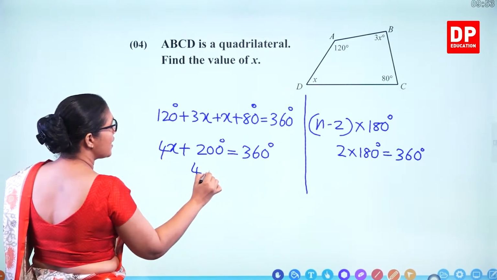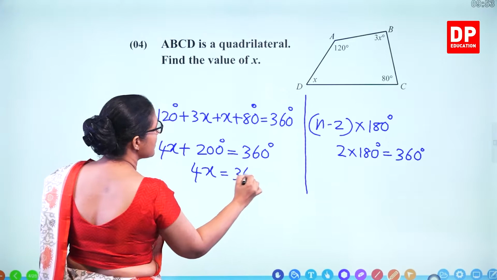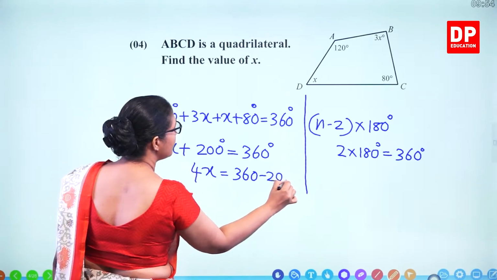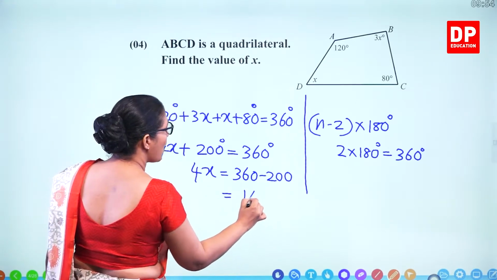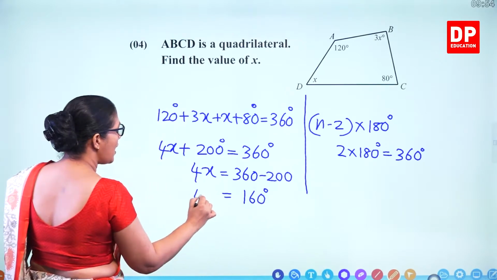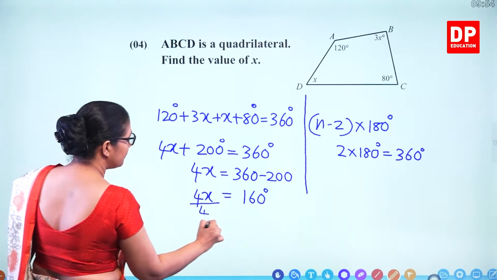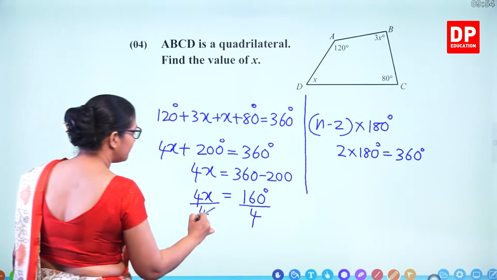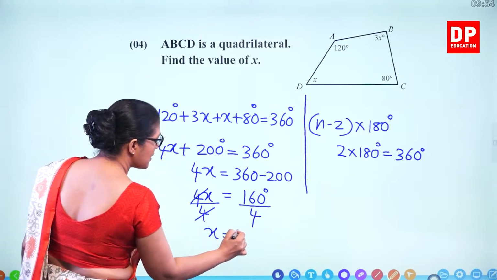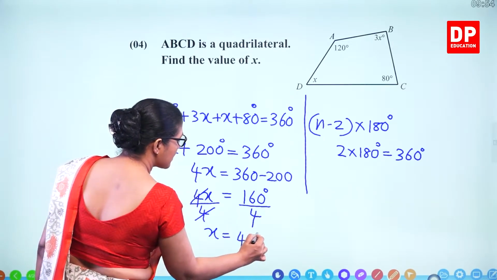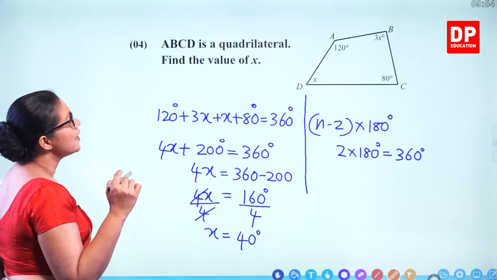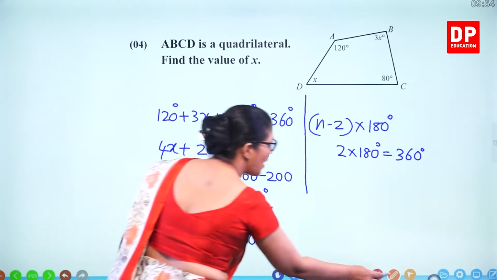So what is 4x? 360 minus 200, 160, divide by 4. x equals 40 degrees. So the x value is 40. So 2 marks there.